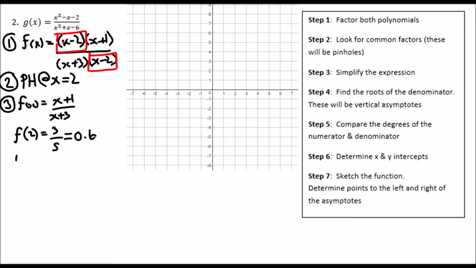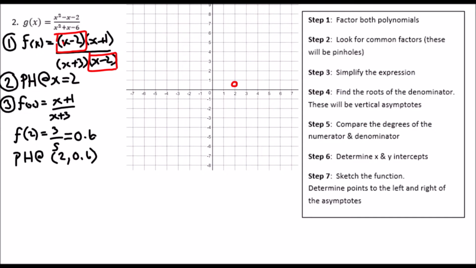So I've got a pinhole at (2, 0.6). Alright, we can actually plot that. So here we go. I've got a pinhole, I'll do it in red, right about there. Beautiful. Alright, let's keep going.